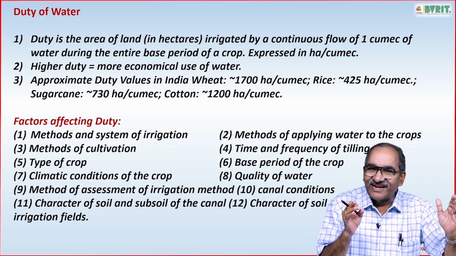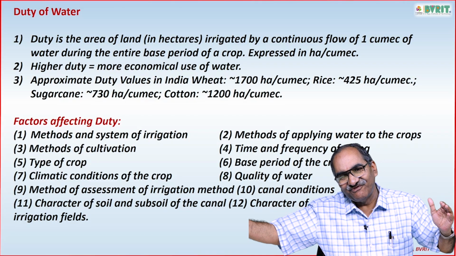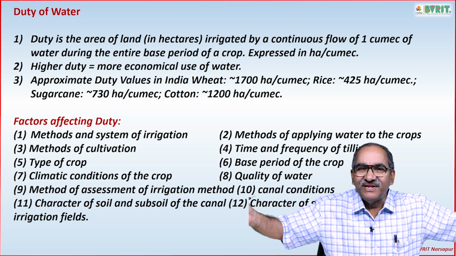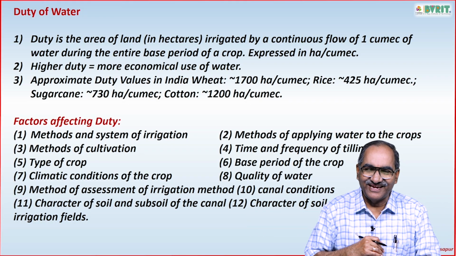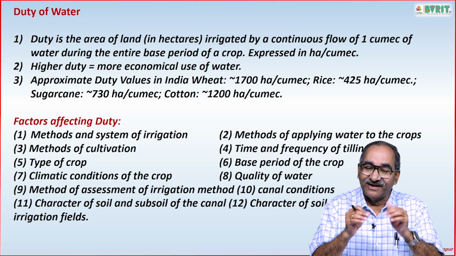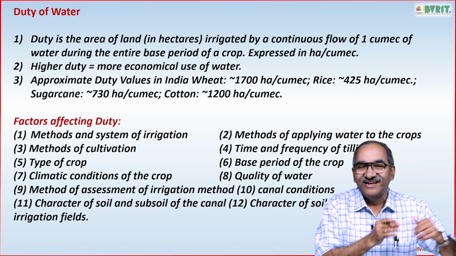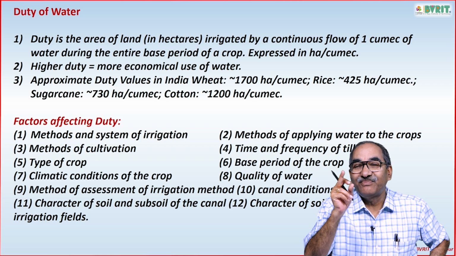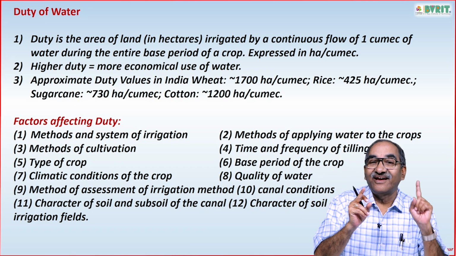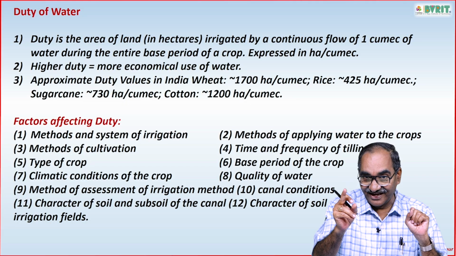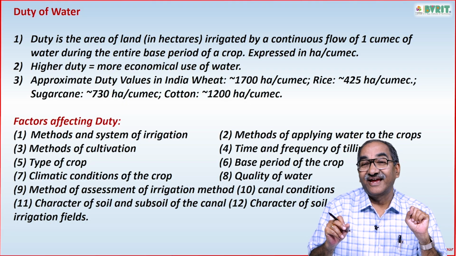From the first watering day to the last watering day before harvesting the crop, whatever time period is there, that is what we call as base period in days. So that we complete. And what is the relation between these three? Delta is equal to 8.64 into B by D meters, where delta is in meters, B is in days, and D is in hectares.